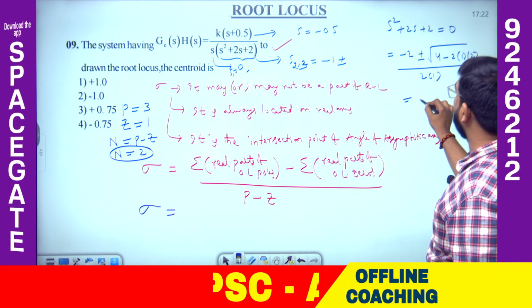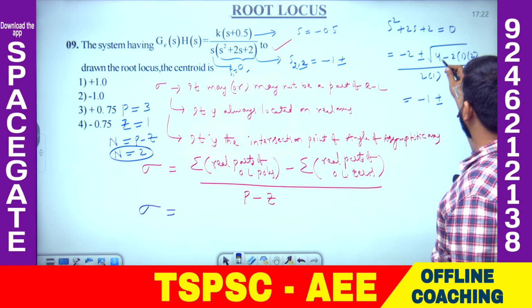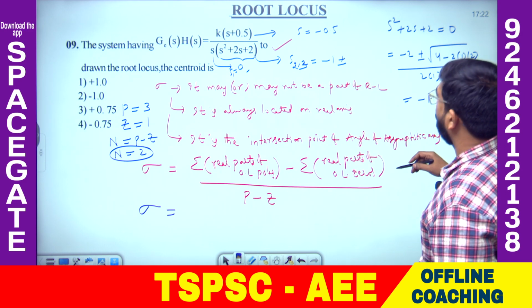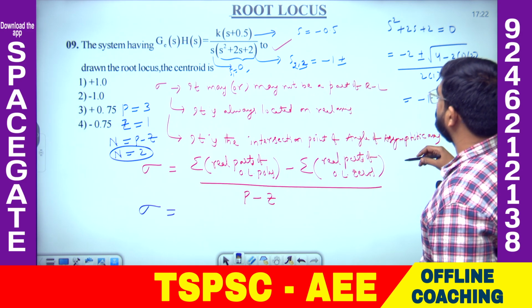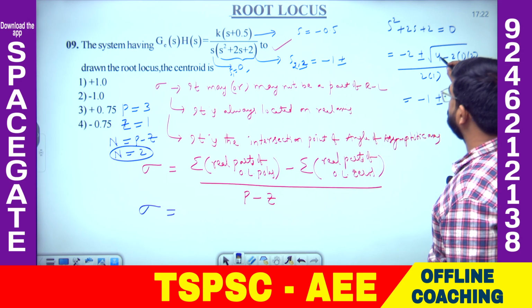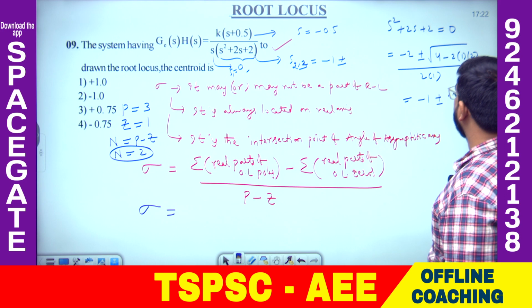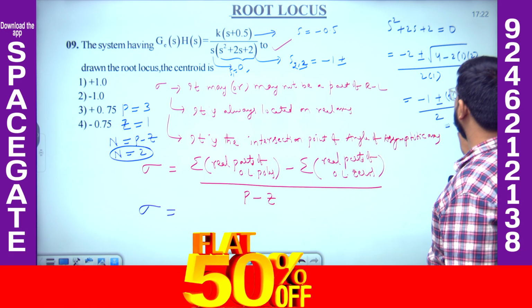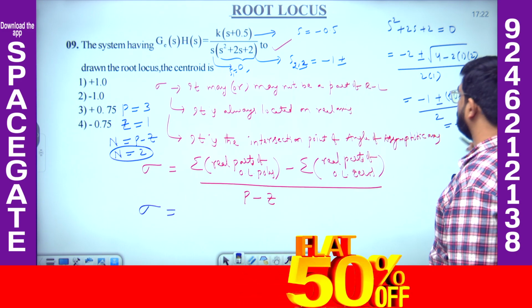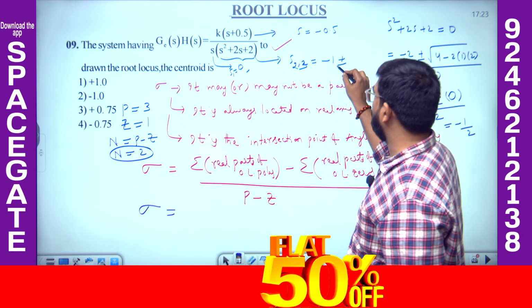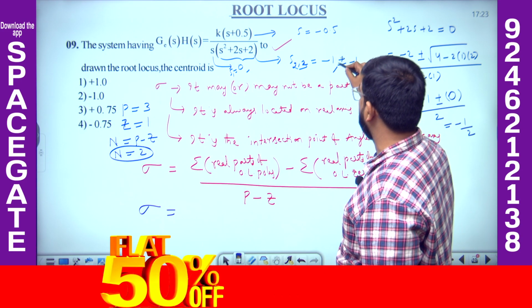If you simplify, minus 1 plus or minus, 4 minus 8 we get, so it becomes minus 1 plus or minus j. Located at minus 1 plus j and minus 1 minus j, right?